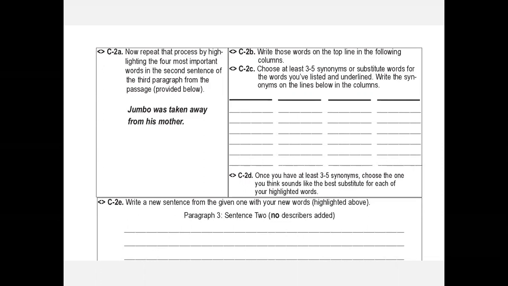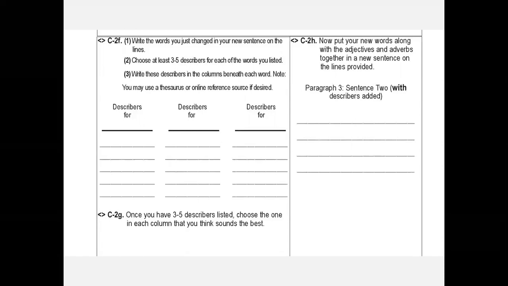But this is an example of that, where they take a sentence and they choose the synonyms for the words in the sentence, and then they rewrite it. Then they choose the describers. And we're really pulling this out of them in a very incremental and very clear way. So rather than just saying, take the sentence and write it in your own words, we are teaching them how to with the writing boxes.